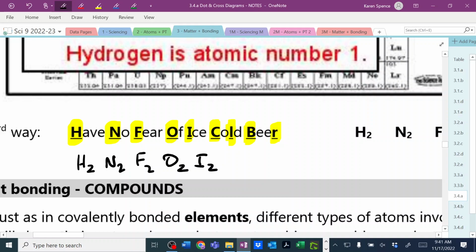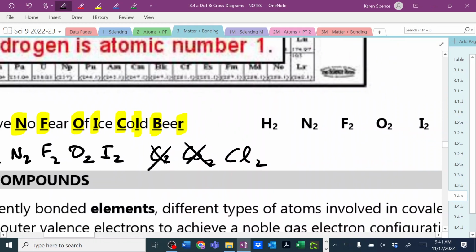They get to the cold and they're like, carbon 2 or cobalt 2. It's not carbon, it's not cobalt, it is chlorine. And with bromine, sometimes we'll get boron 2.